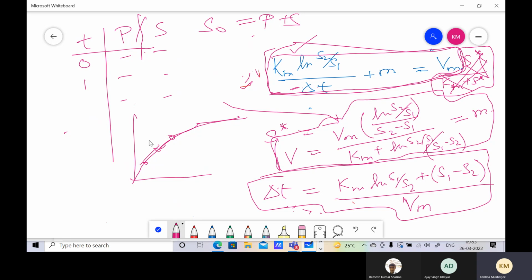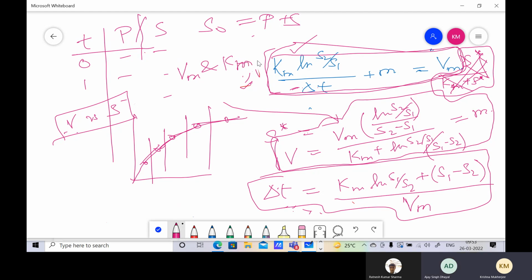At each chord, the log mean between all these points is the velocity which these values represent. And so you have a V versus S plot, which allows a proper determination of Vmax and Km. Are you following this argument? Yes, sir.